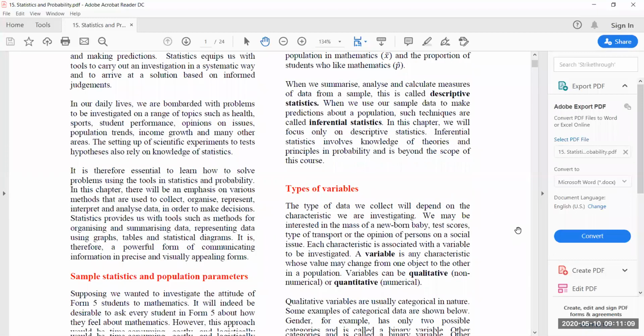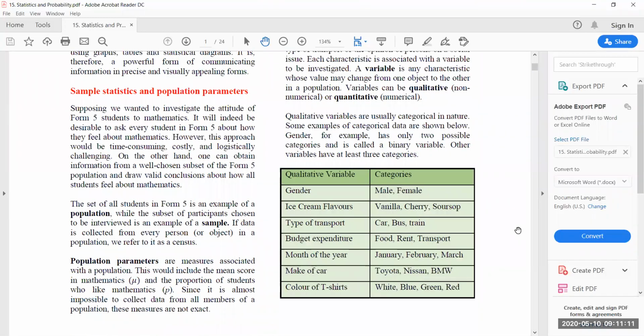Now, before we get into statistics, you have to understand the jargon or the phrases or terms that are used in statistics, right? So we're going to start off with simple statistics and population parameters. Let me give you a scenario here. Suppose we wanted to investigate the attitude of Form 5 students to mathematics. It will indeed be desirable to ask every student in Form 5 about how they feel about mathematics.